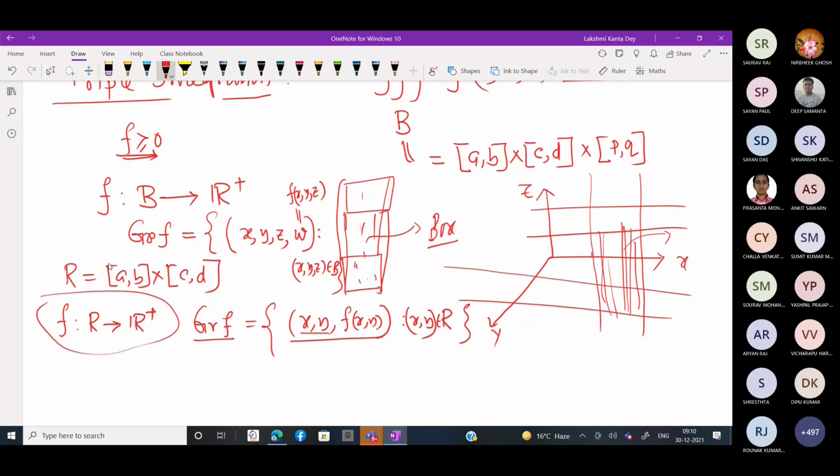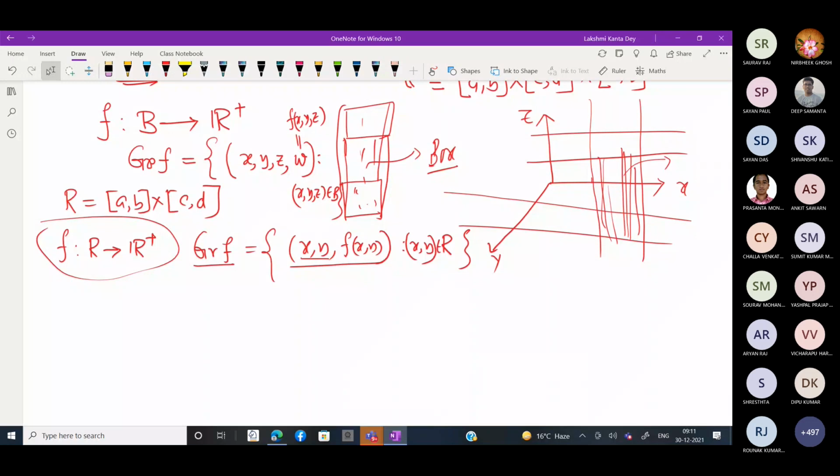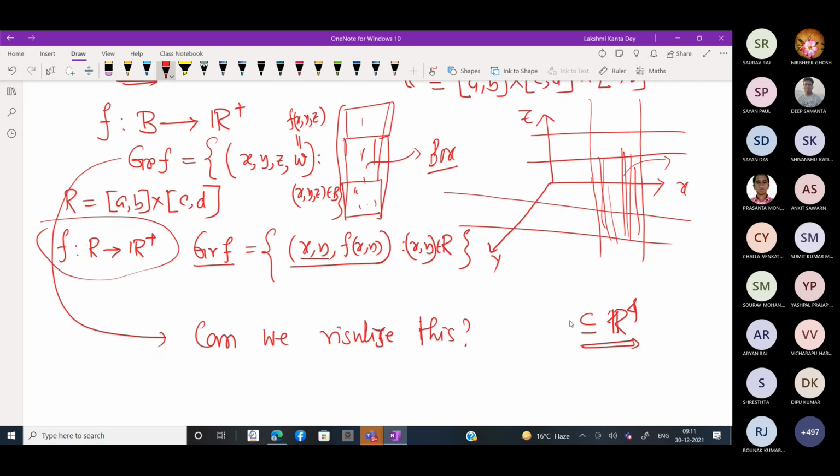Now, whatever the difficulty we face here, can we visualize this? Because it is a subset of 4 dimensions, a subset of R4. How many dimensions are there? 1, 2, 3, 4. Anything beyond 3 dimensions, we cannot visualize.